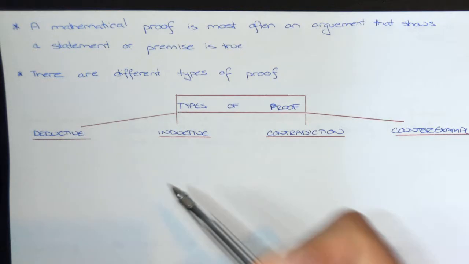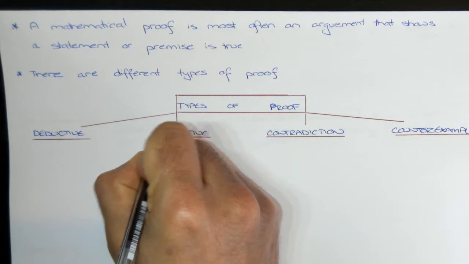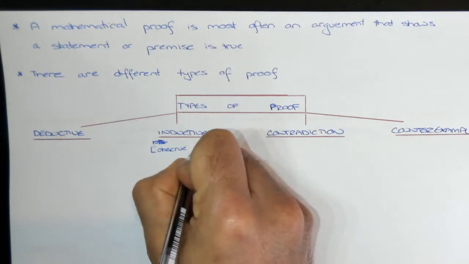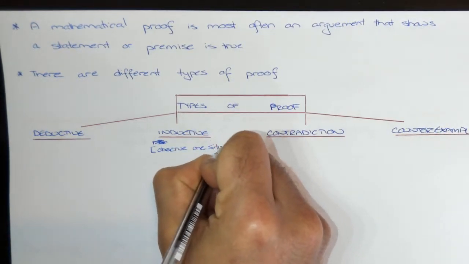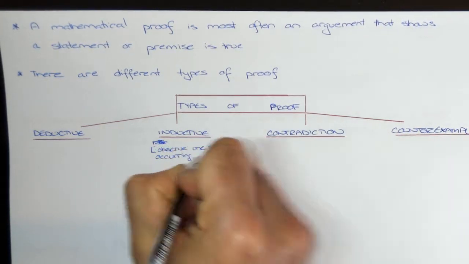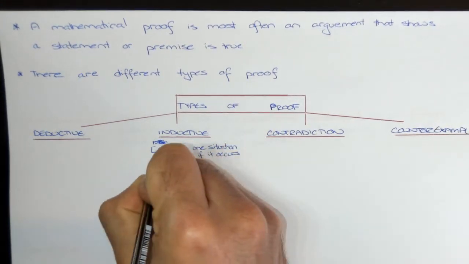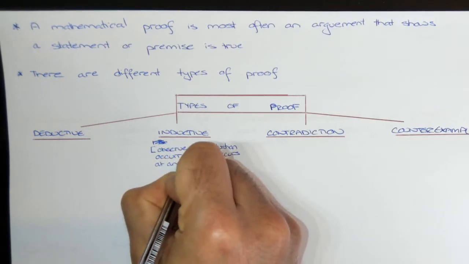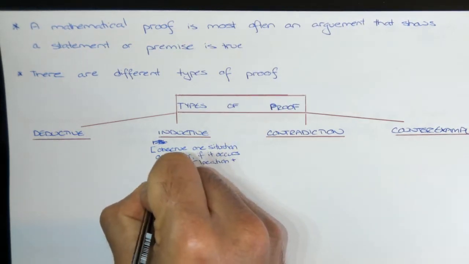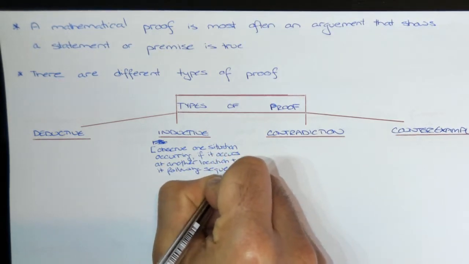So inductive, obviously, is where we observe one situation occurring, and if we can see it happening at another location and its following sequence, then it should happen to all of them.